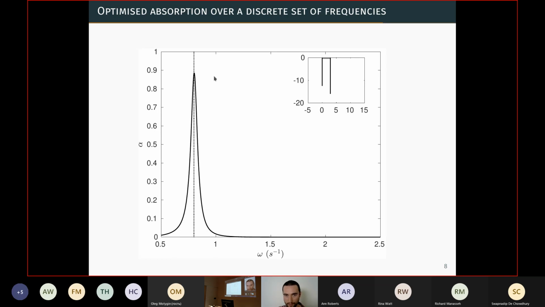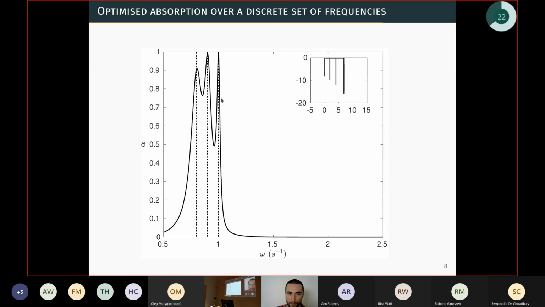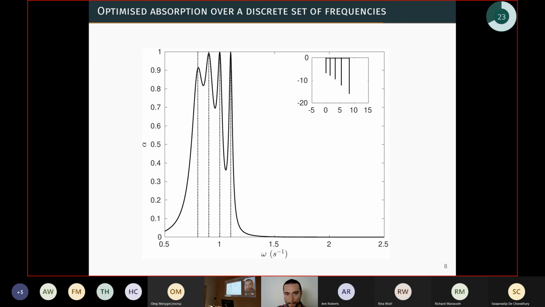So we're trying to maximize absorption over a discrete set of frequencies here. I'll just go through this slowly. And what you're seeing is that the device is getting larger, but the absorption spectrum is getting more peaked, which is representing the increasing number of frequencies that are getting fed into the objective function.